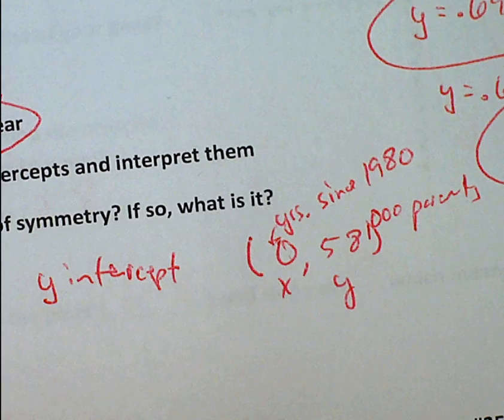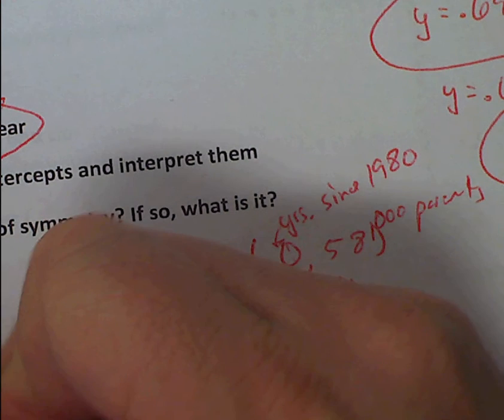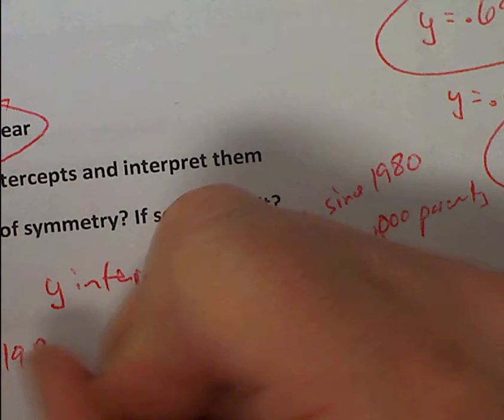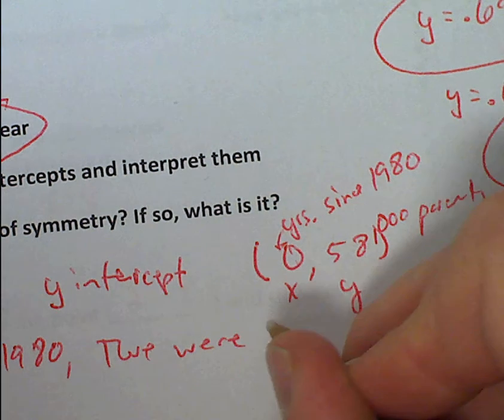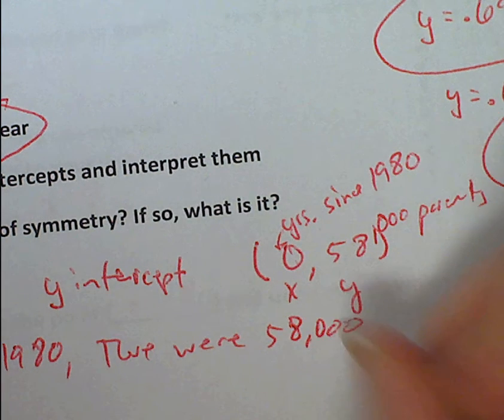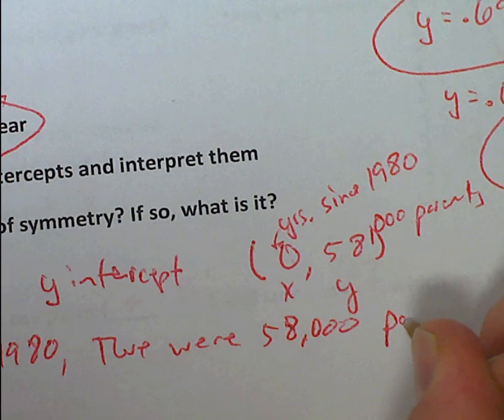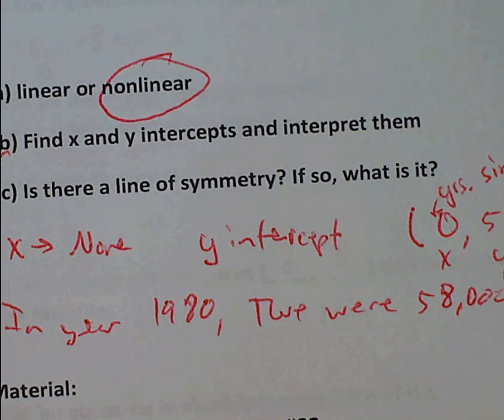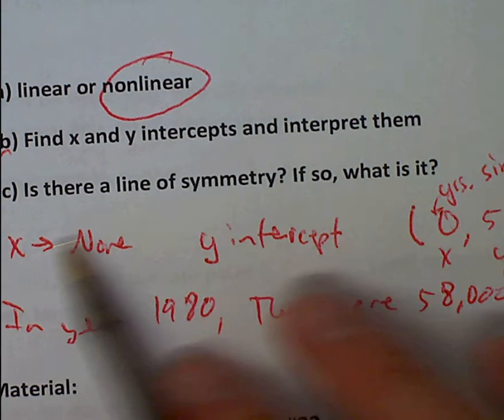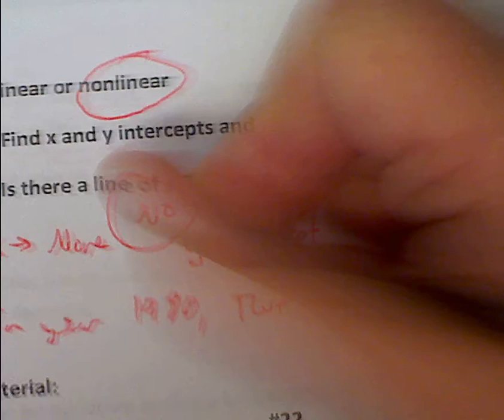So what does this mean? In year 1980, there were 58,000 parents. That's how I would interpret my y-intercept. Is there a line of symmetry? No.